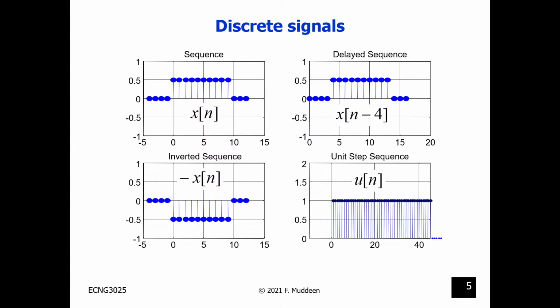So I'm just going to write this here on the slide. T here is our sampling time, which tends to be constant. And n here is the index for a particular sample.